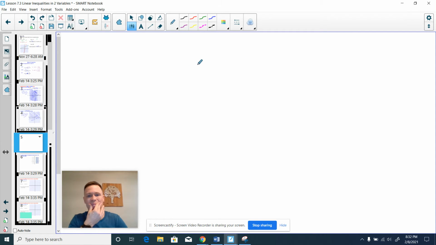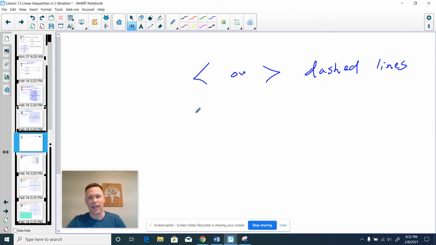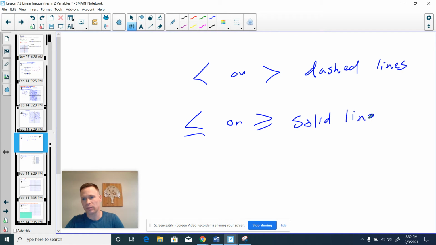Anything that is less than or greater than has dashed lines. Anything that is less than or equal to or greater than or equal to has solid lines. And we know that already, this was like open circle, right? This was closed circle before.